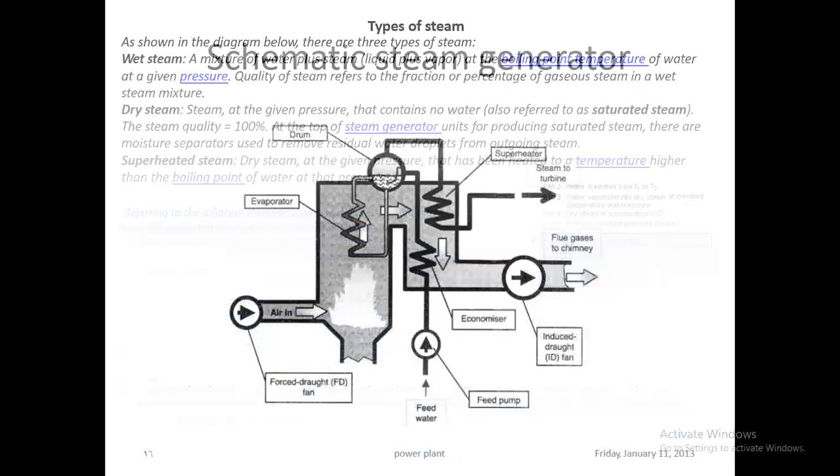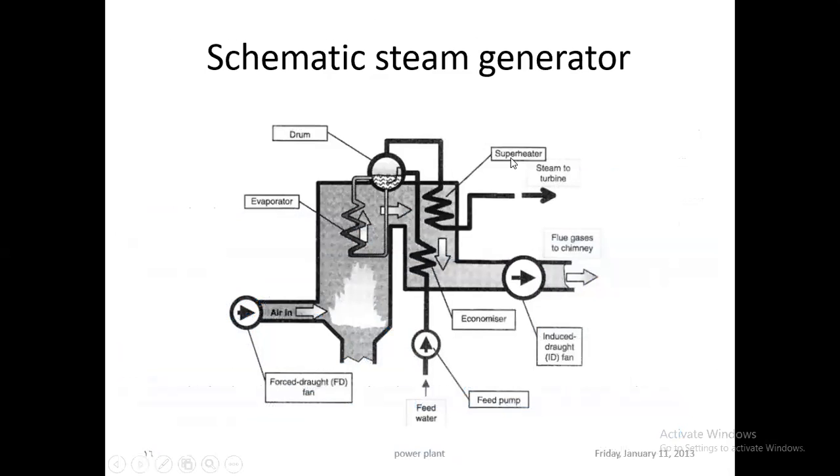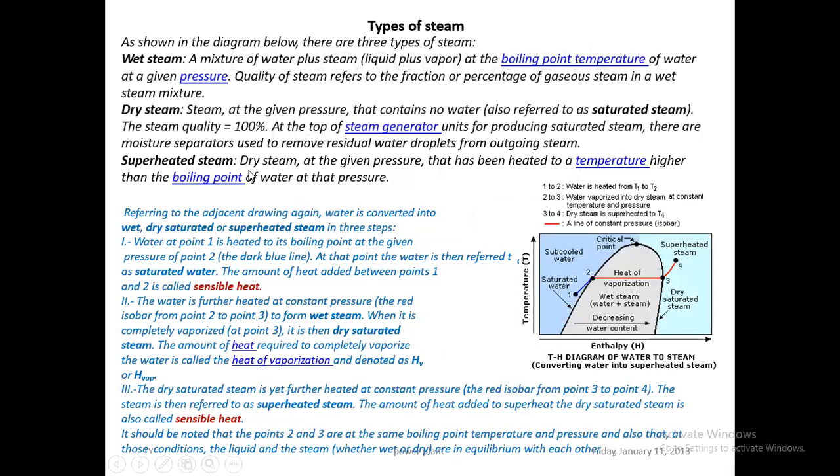In the previous slide, I already discussed that a superheater is a device that converts your dry steam to superheated steam, that is moisture free and pressurized, which is provided to the steam turbine.